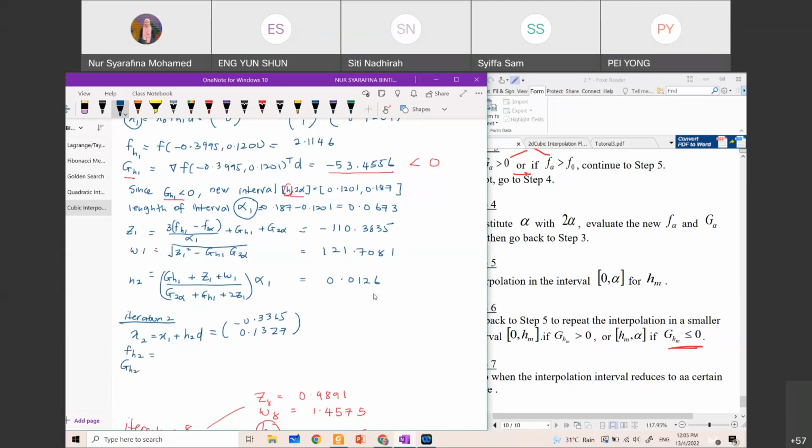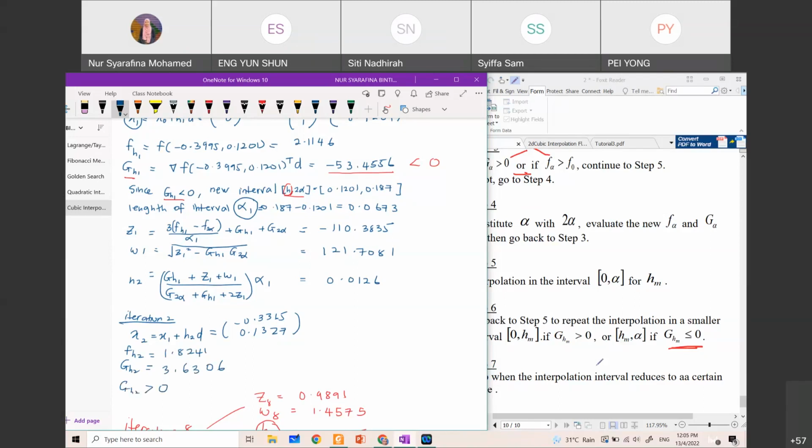Alright, just substitute this x2 into the function, then your FH2 is 1.8241. And for GH2, substitute this point into the derivative, delta F, okay? Then you have 3.6306. Now, you can see that GH2 is greater than 0.